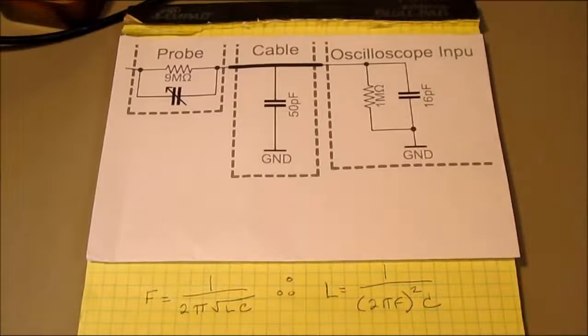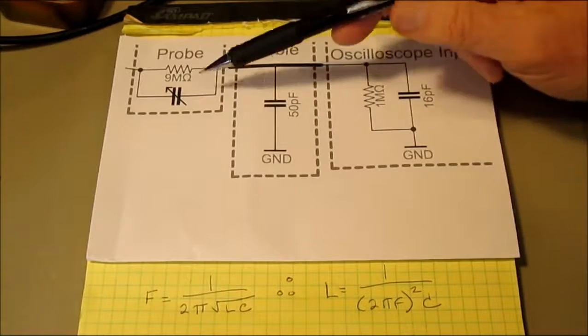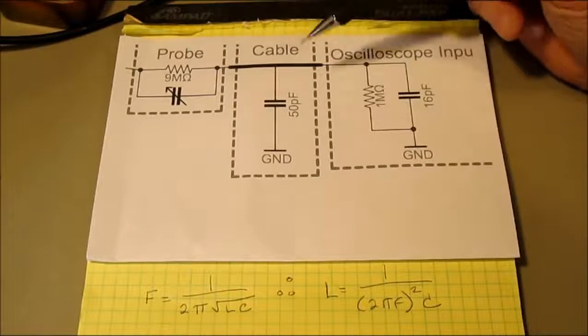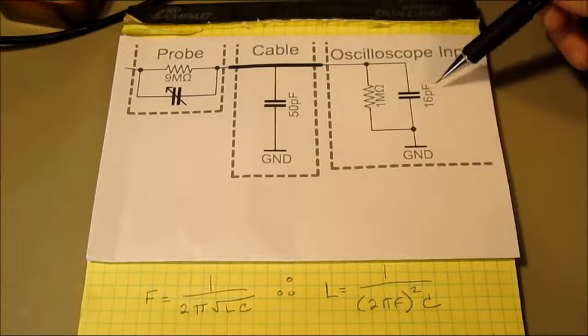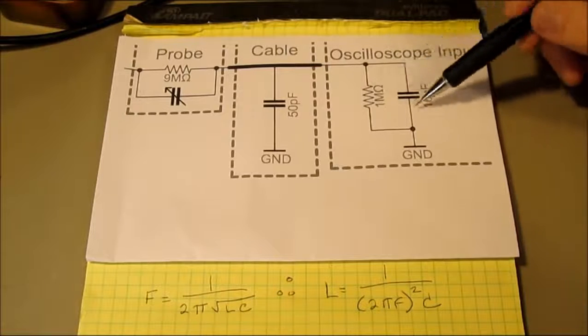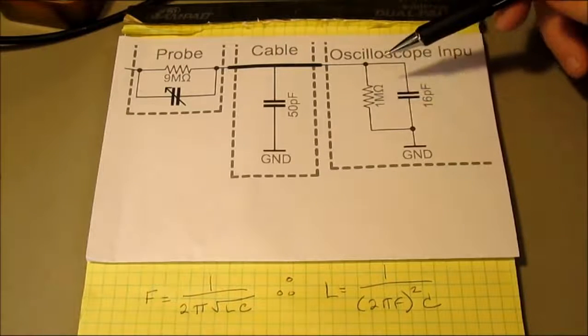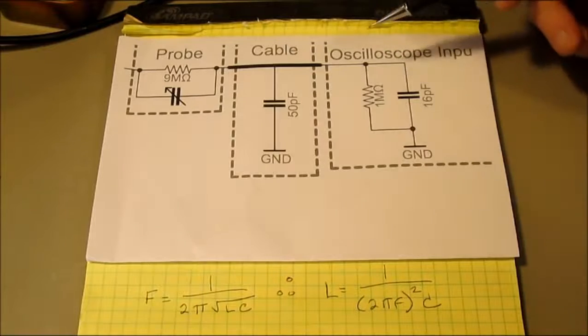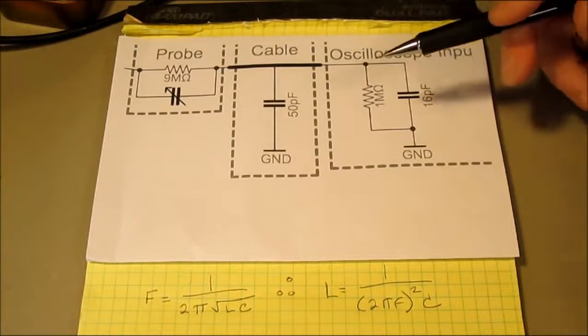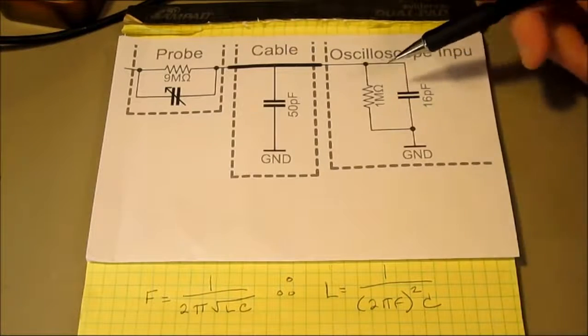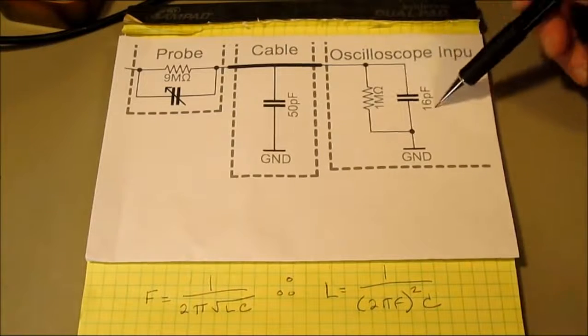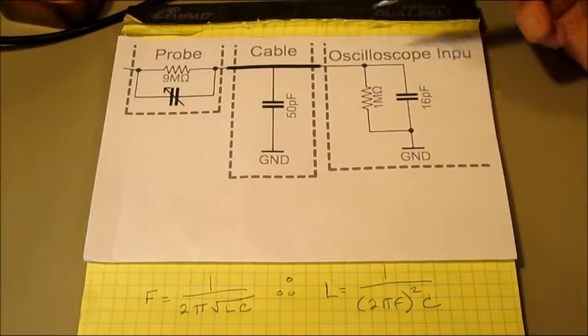The reason it does that is because you've got a probe with a series capacitor. Actually, that's to our benefit, weirdly enough. But on the input of the scope, there's usually a capacitor to ground and some impedance. I'm not sure if it's an actual resistor value or not, but I think mine is. It is 1 megohm actually. I just looked at the scope, and it's 15 picofarad on mine.